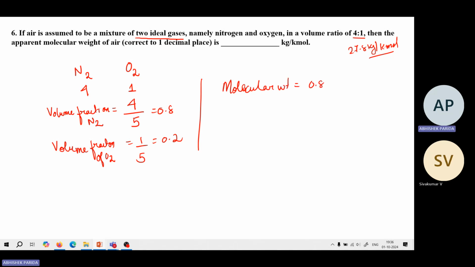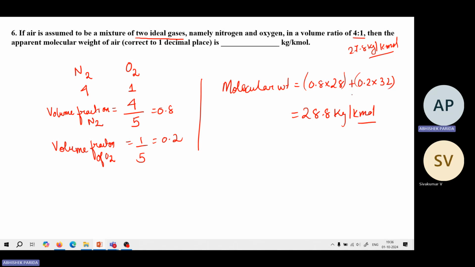It is 0.8 into the molecular weight of nitrogen, 28, plus 0.2 into 32 for oxygen. How much is this? I'm getting 28.8 kg per kilomole.